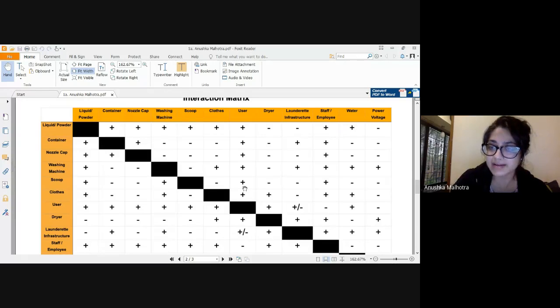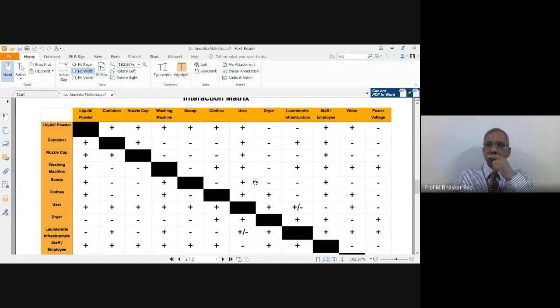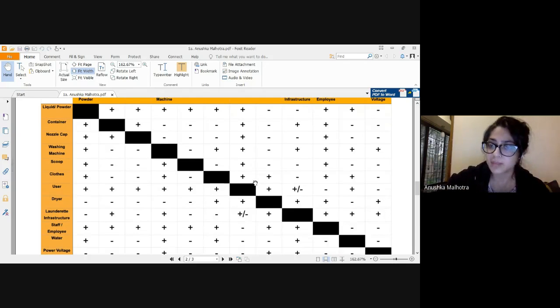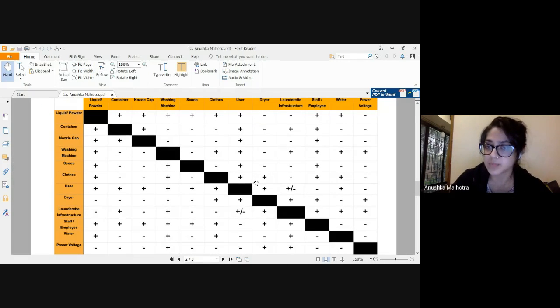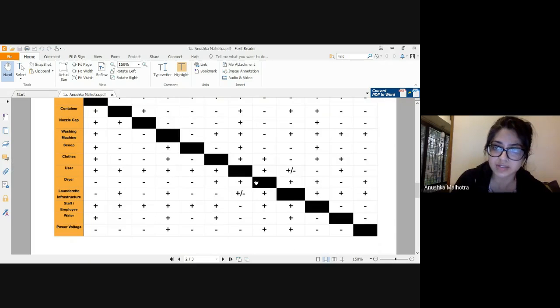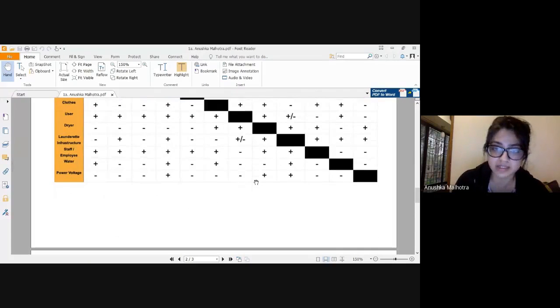The reason why I've added a positive and a negative sign to it is that there are certain cases wherein an individual visits the laundrette infrastructure to deliver the products or deliver their clothes directly, or there are laundrette apps as well, wherein on-demand apps wherein you just book in an appointment or ask someone to collect it, and then they do not really have to go to the laundrette infrastructure. So that is something that I've accounted for within the identification matrix. Sorry, the interaction matrix.